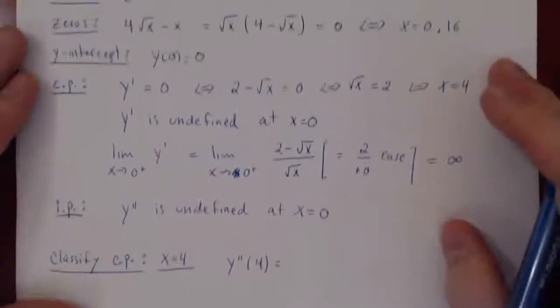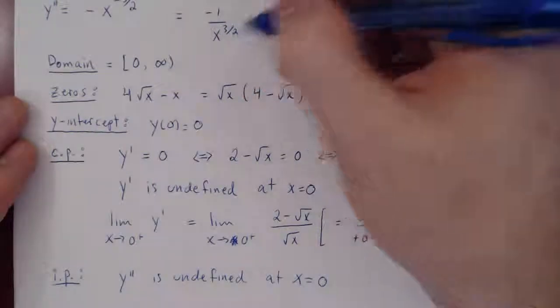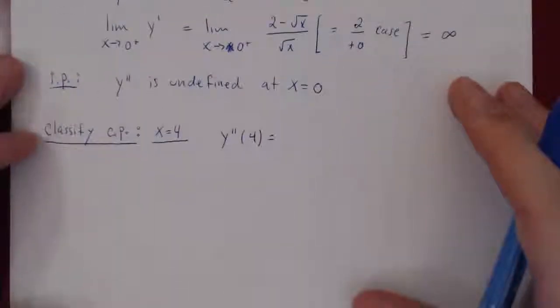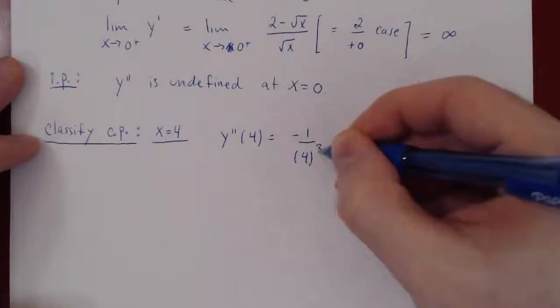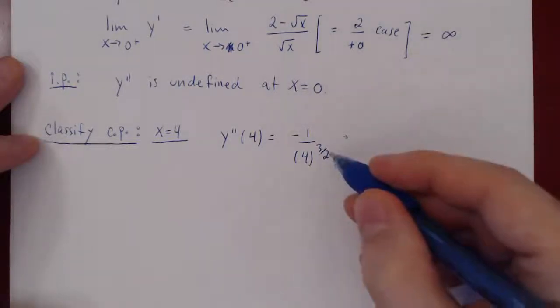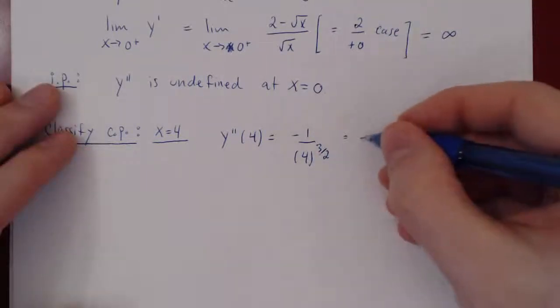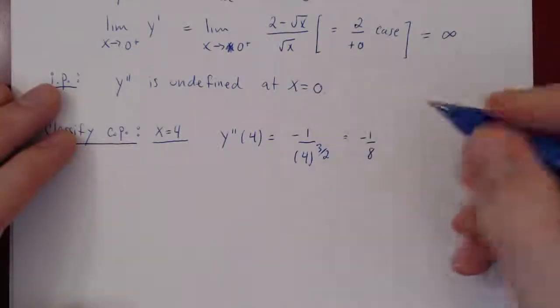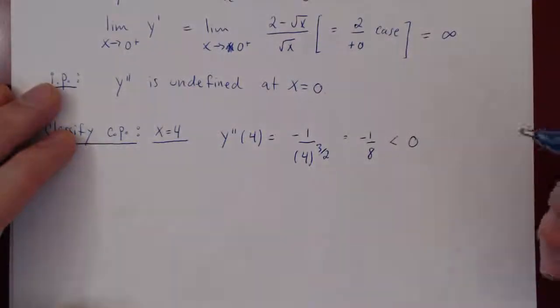If we go back up, our second derivative is -1 over x to the 3/2. So we will get here -1 over 4 to the 3/2. Well, root of 4 is 2. 2 cubed is 8, and you get -1 over 8. What matters is not that it's -1 over 8, but that it is negative.